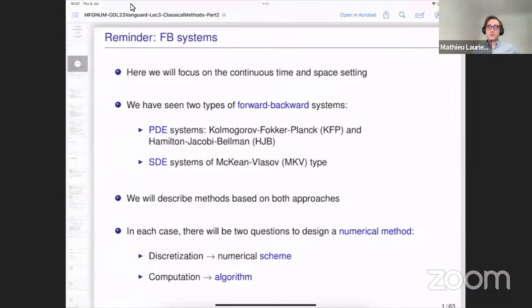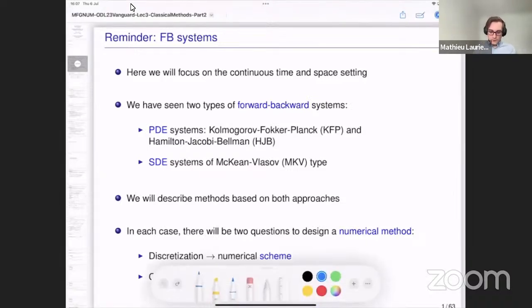So whether we look at PDEs or SDEs, PDE approach or SDE approach, in any case, we end up with a forward-backward system, which is in general fully coupled. And we have to tackle this forward-backward structure, which is a challenge both for the theory and for the numerical aspects.